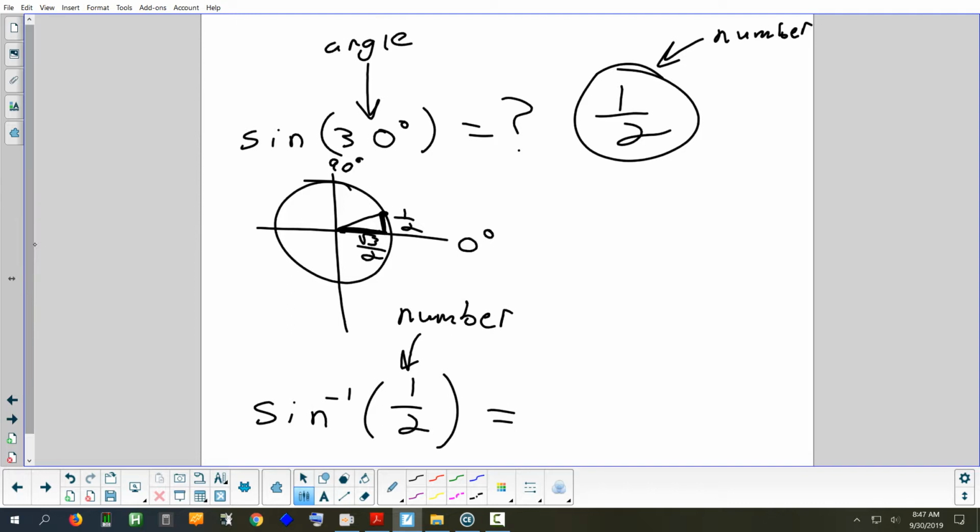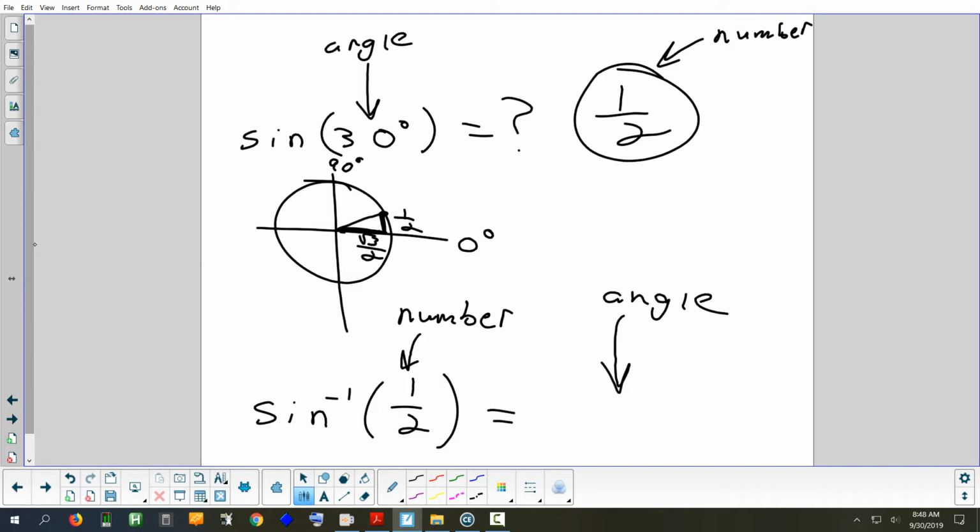So now I'm telling you the number. That's what you had to figure out last week, the number 1/2. Now I'm telling you the number is 1/2. What you have to figure out is what goes right there. That's the angle. So now you're figuring out the angle, and last week I gave you the angle.